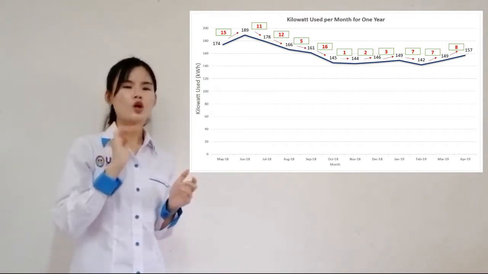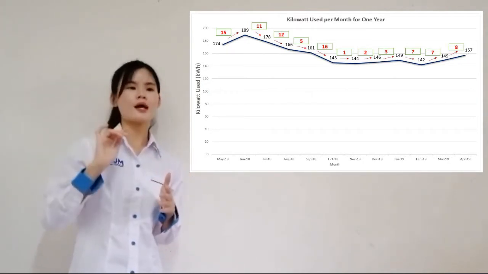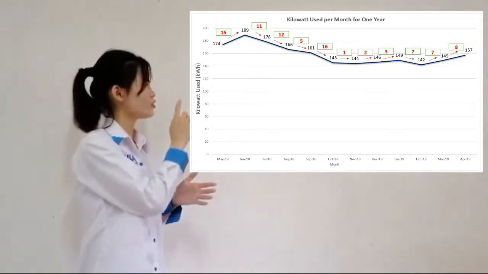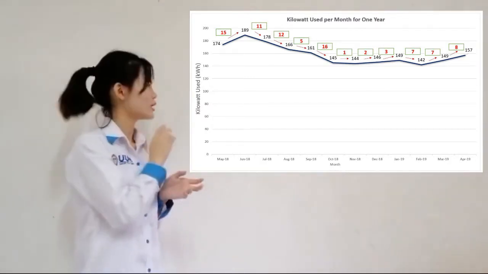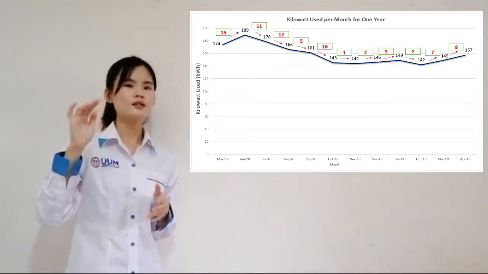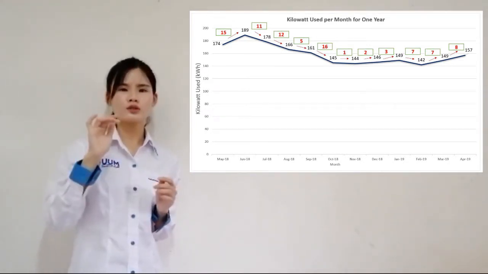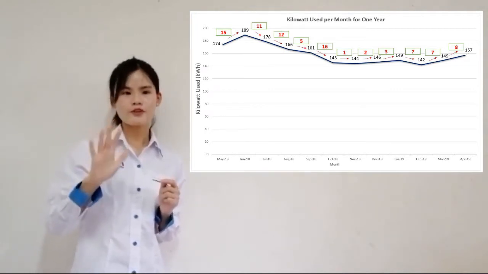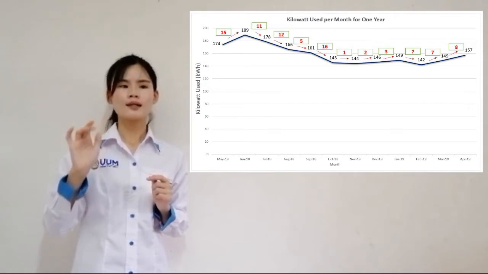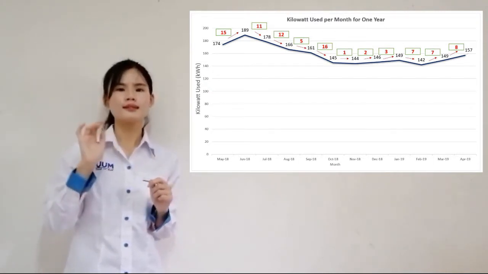It continued to increase in April of 2019 from 149 kilowatt to 157 kilowatt. The highest and the lowest kilowatt used in these few months is 189 kilowatt and 142 kilowatt.